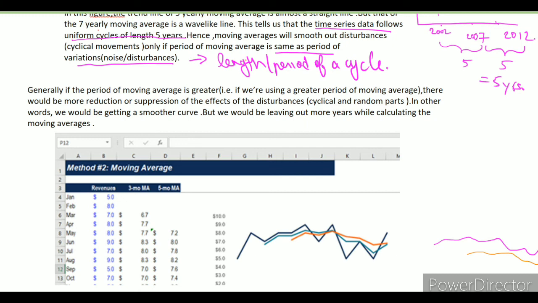So although we get a smoother curve if we use a greater period for the moving average, we are leaving out more years while calculating the moving averages. In the next videos, we will work out the trend values using odd period moving average and even period moving average.